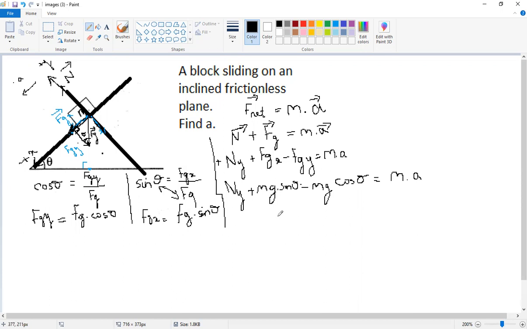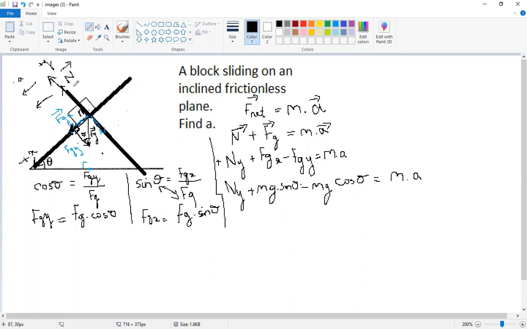Now look, this block is sliding along the x-axis, right? It's moving along the x-axis. It's at rest along the y direction, not moving along the y direction. So the sum of the external forces along the y direction is equal to zero.